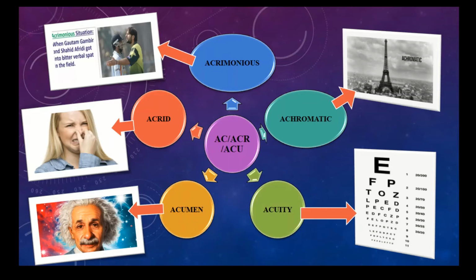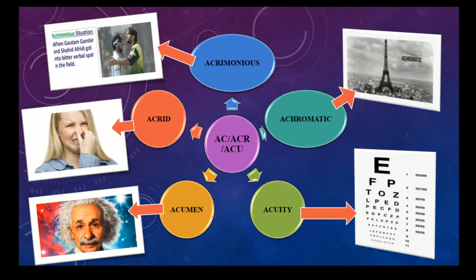You see in this picture Einstein, a German-born theoretical physicist who developed the theory of relativity. I just remembered his famous equation, E equals mc squared. Don't you also remember? So that is the best example of acumen, Einstein.